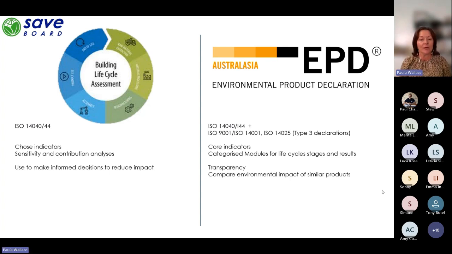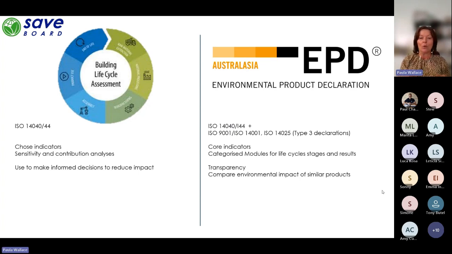Now, this is really important to note. An EPD is not an environmental eco label as such. If a product has an EPD, it doesn't necessarily mean that it is more environmentally friendly than a product without an EPD.